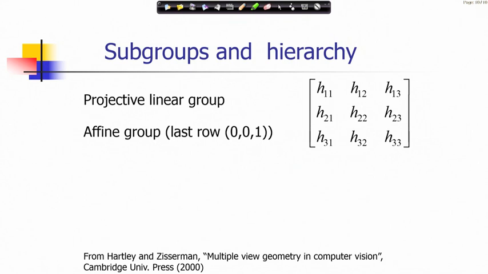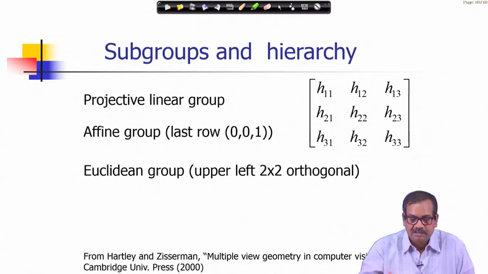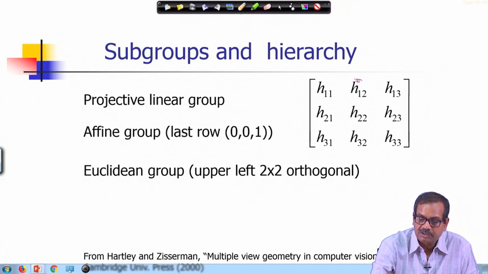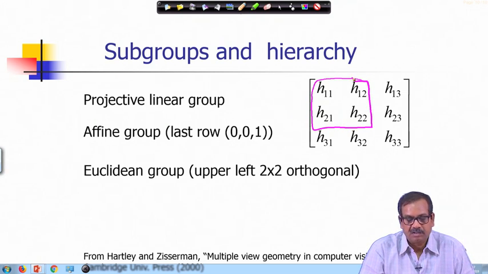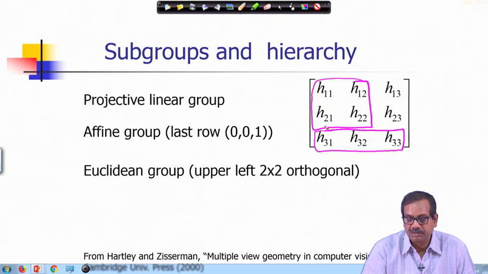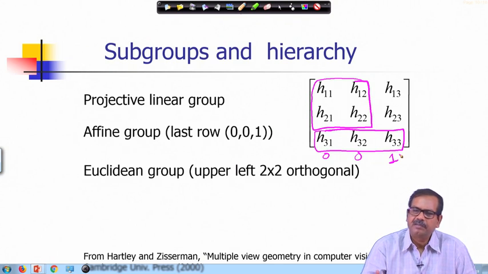Then a special class of the affine group is called the Euclidean group, when the upper left 2 cross 2 submatrix is orthogonal. As I have told you, the last row should have the value (0, 0, 1) or a scaled multiple of this vector.